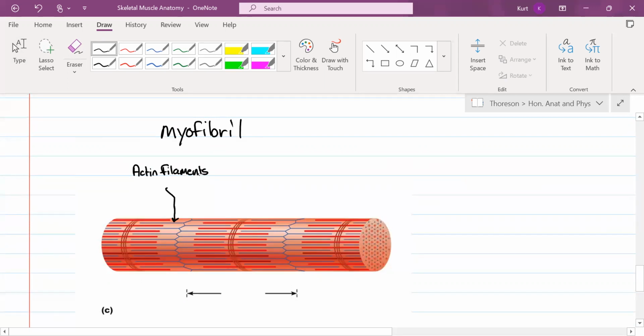And compared to the red ones, do they look thinner or thicker? These are also known as thin filaments. I'm going to show you how I remember this from when I was in high school anatomy. These red filaments, which look thicker, are called myosin filaments, and they are thicker.